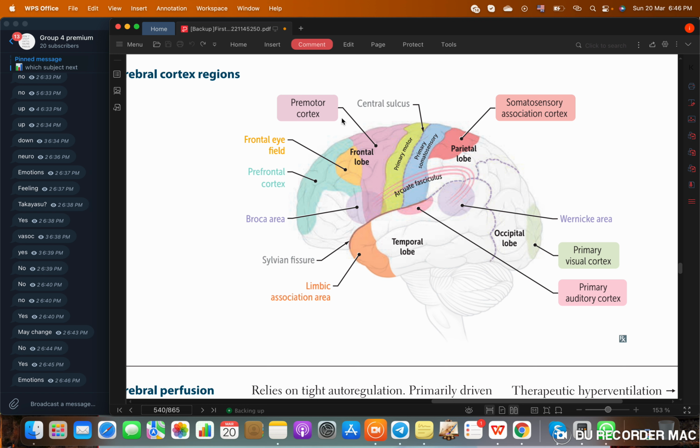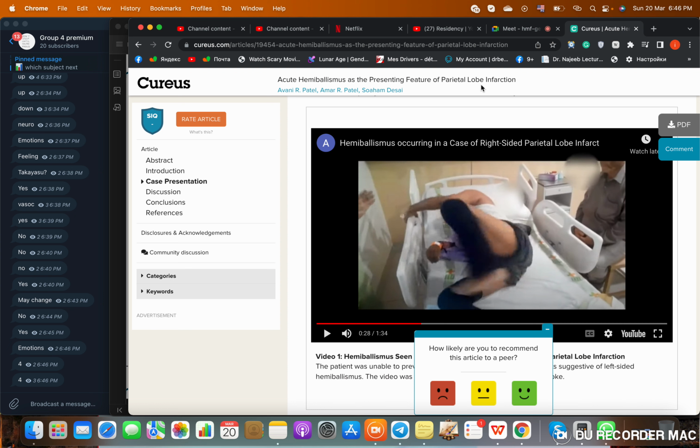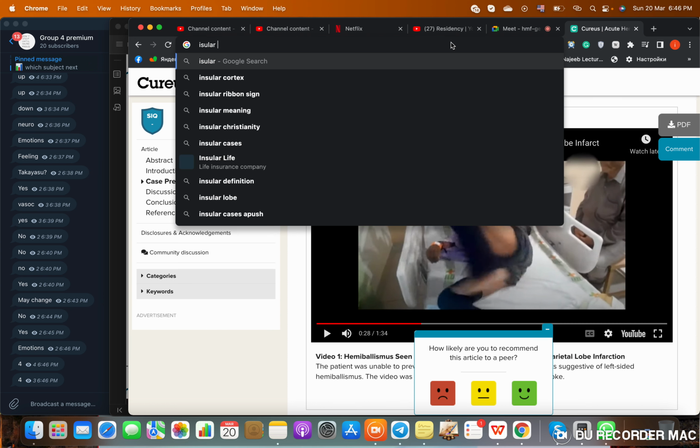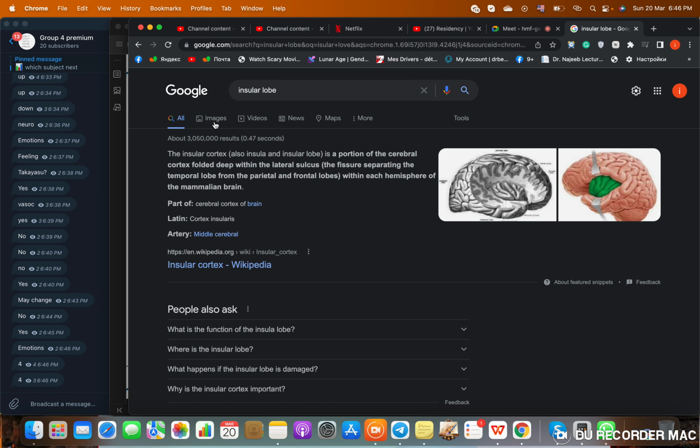How many lobes do we have in our brain? The answer is, it depends. It depends from where you look at the brain. If I'm looking at it from the outside, you are right, it has basically 4 lobes.